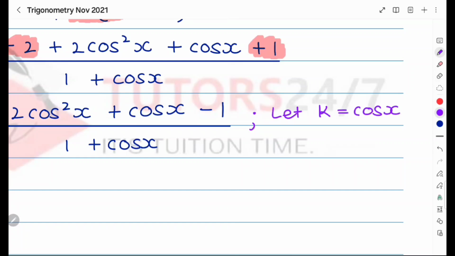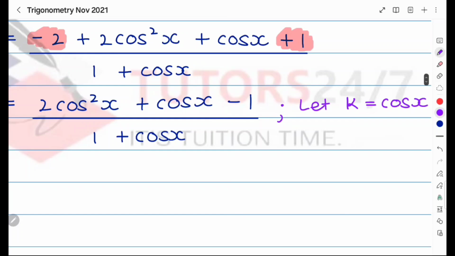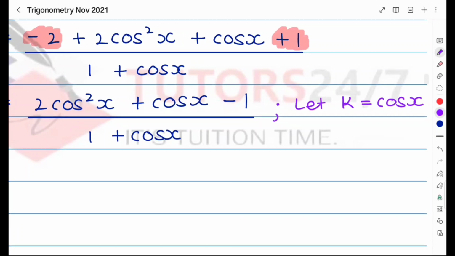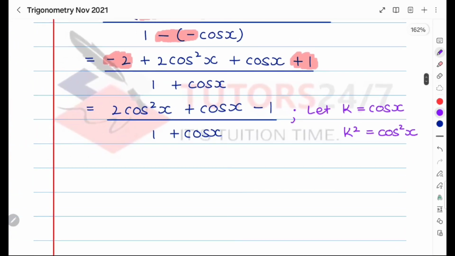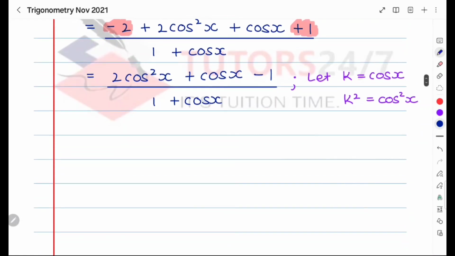Okay. Now, if k is equal to cos x, and if we square k and square cos x, that means that k squared will be equal to cos squared x. So wherever we see cos x, we can replace it with k. Wherever we see cos squared x, we can replace it with k squared.